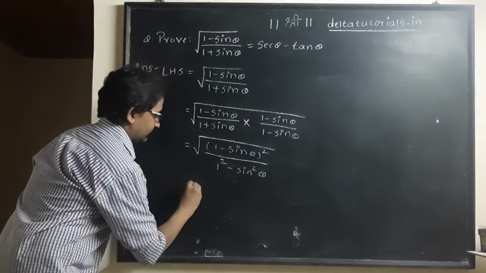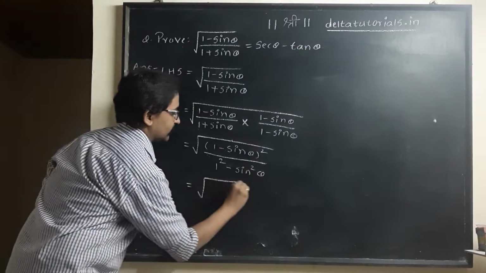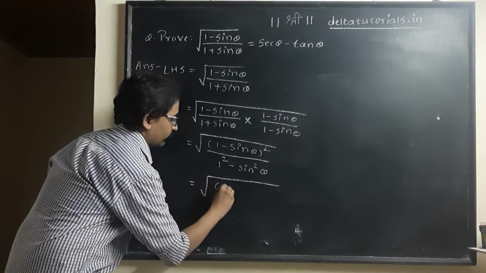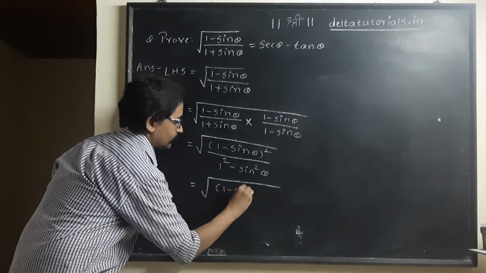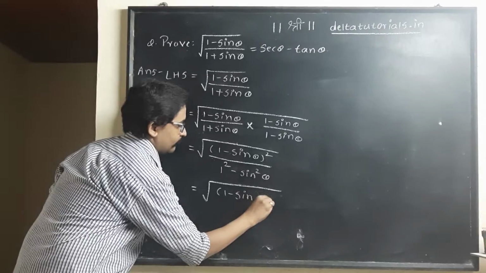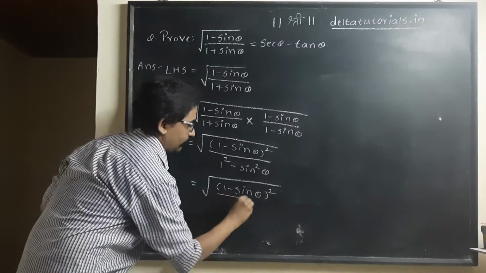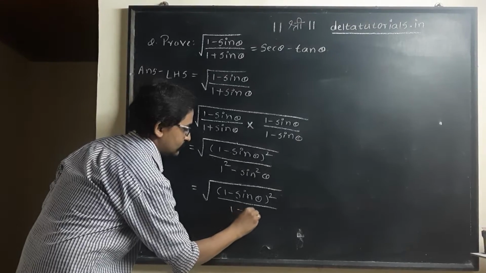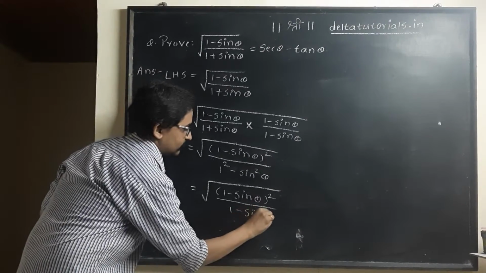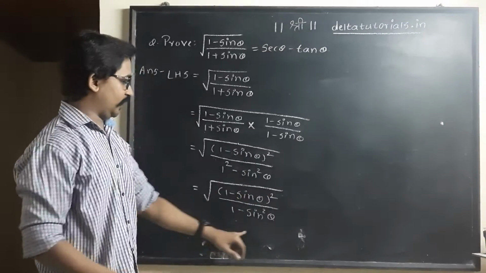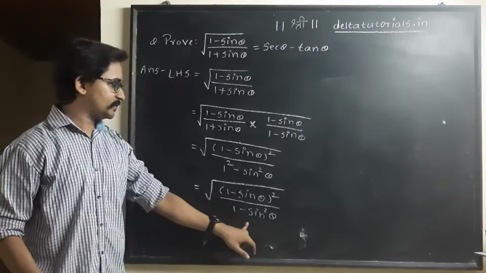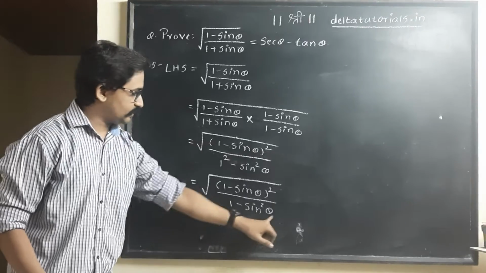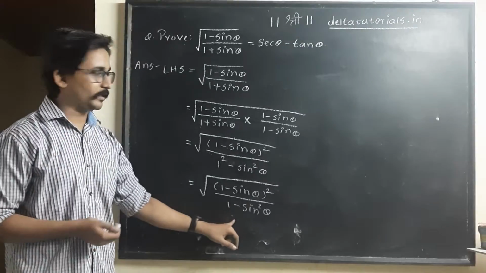Further, let's keep the numerator as it is first and let's evaluate the denominator. 1 minus sine theta, its square, upon 1 square means 1, and 1 minus sine square theta will be as it is. And we know that this 1 minus sine square theta is one of the trigonometric identities. So its answer will be cos square theta.